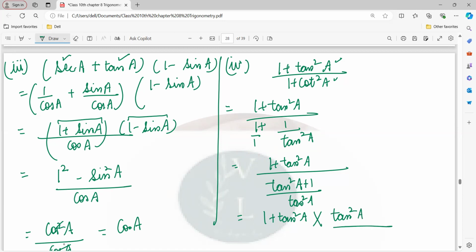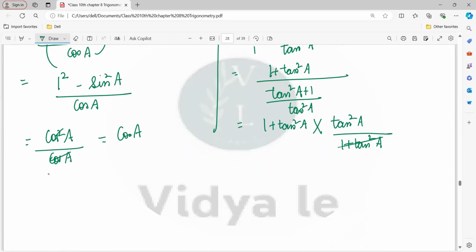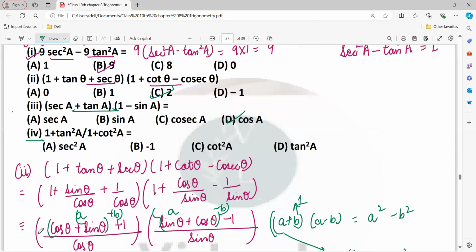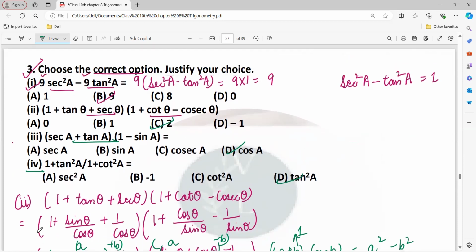So it will be tan square A upon 1 plus tan square A. So this 1 plus tan square A and 1 plus tan square A will cancel out each other. So we are left with tan square A. That is, again, option D is a correct answer, right?